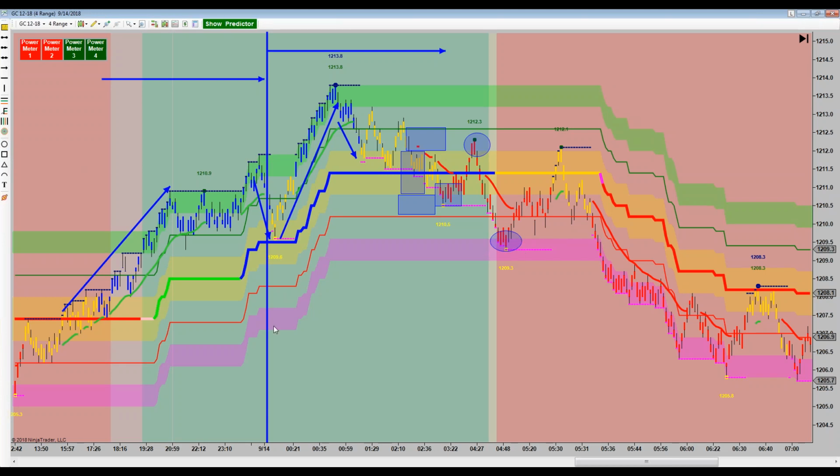Where did the trend change on gold on this chart from up to down? Would it be the circle A right here, or would it be the circle B right here? We're looking at trend changes. Now, I'll just help you out. It did change, so it's one of those two. You can pick A or B. One of those two is correct. Just which one is it?